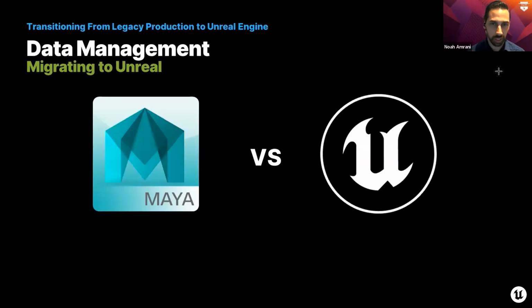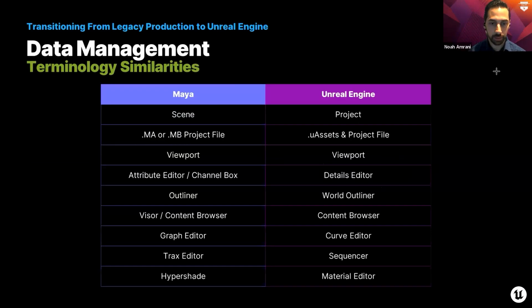We're going to talk about the differences between a simple program, as an example, like Maya versus Unreal, one that a lot of you that may already be working in animation are familiar with. And within that, there are some differences in terminology, also some similarities. Within Maya, you'll be familiar with the term scene.